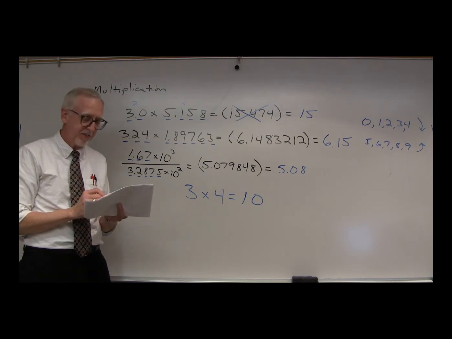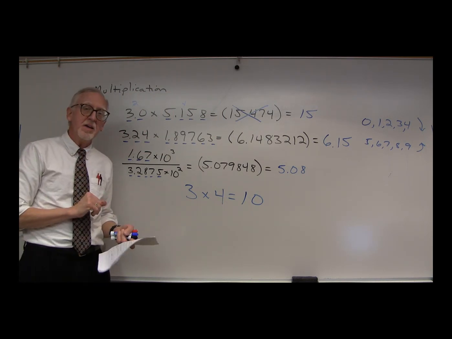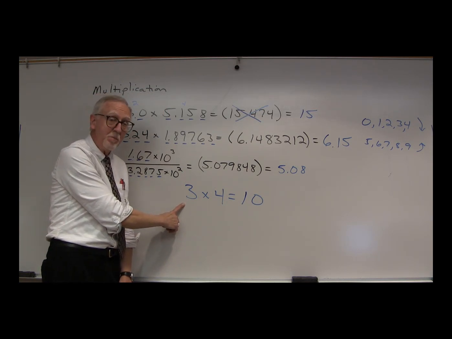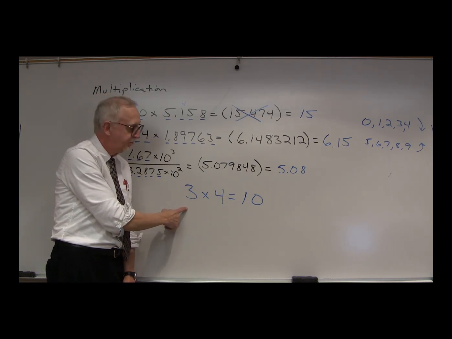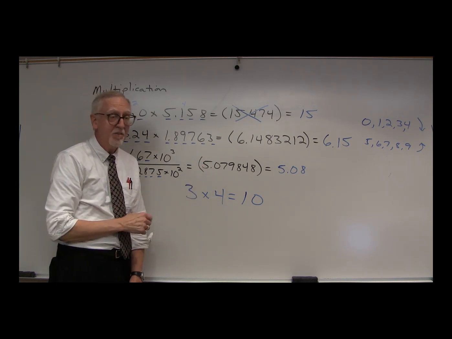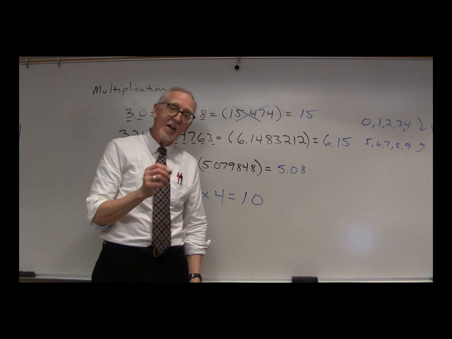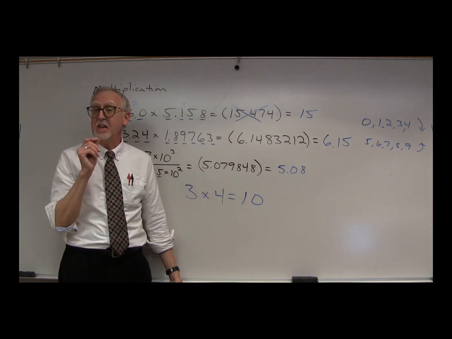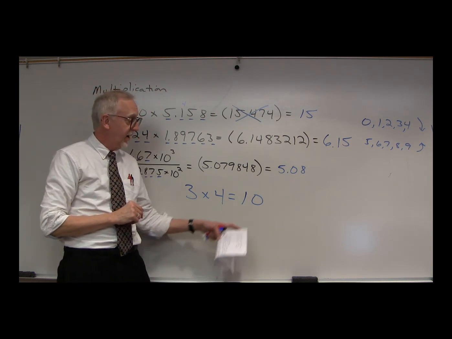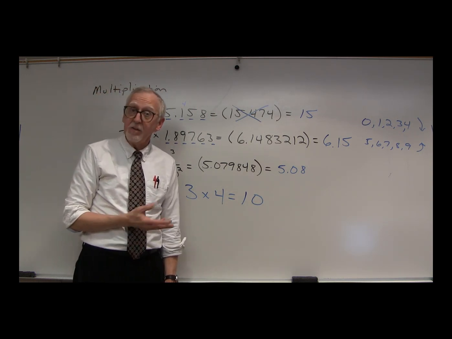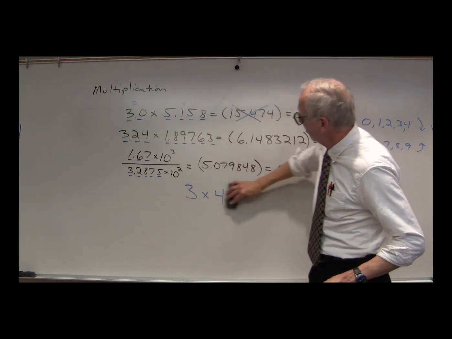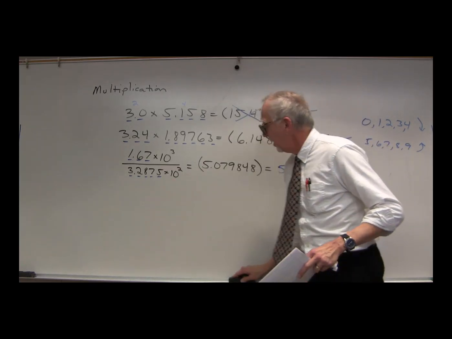Now, that obviously sounds kind of funny, but keep in mind, if you're really talking about an approximate value of 3 that's somewhere in between 2.5 and 3.5, and an approximate value of 4 that's really between 3.5 and 4.5, then you really can't say that the answer is precisely 12. It's going to be approximately around there, and it actually varies around, and the best we could say, considering significant figures, is it's 10. So it's kind of funny, but it's the kind of thing that we'll see with significant figures.